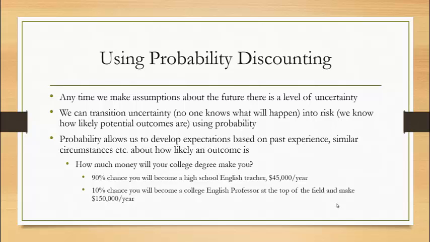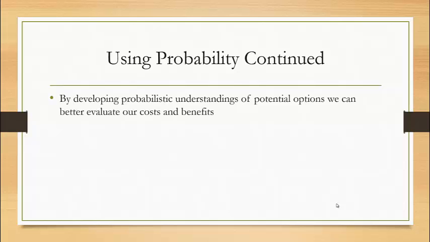And so we're going to try and figure out, well, what are the costs and benefits of these options given what we know about the probability of the outcome. Okay? And so by developing probabilistic understandings of potential options, we can better evaluate our costs and benefits.